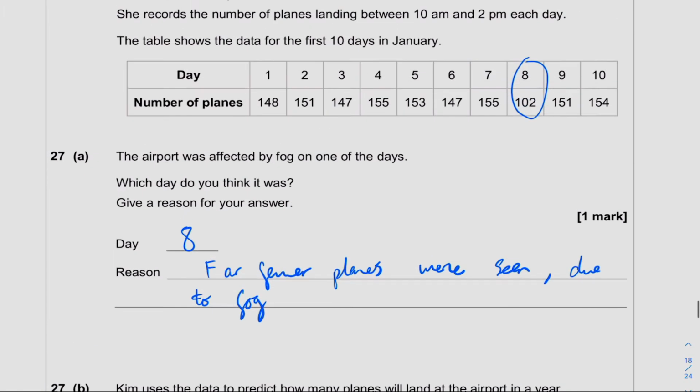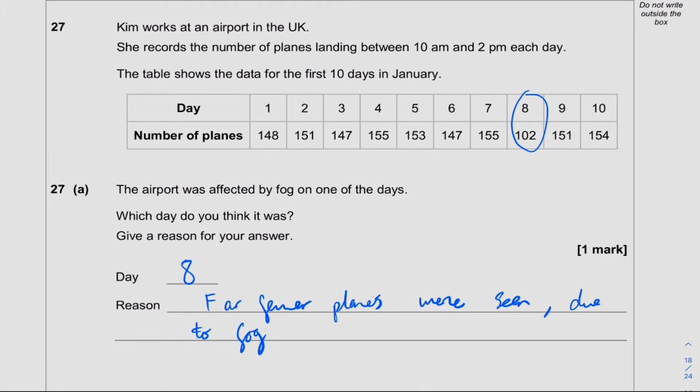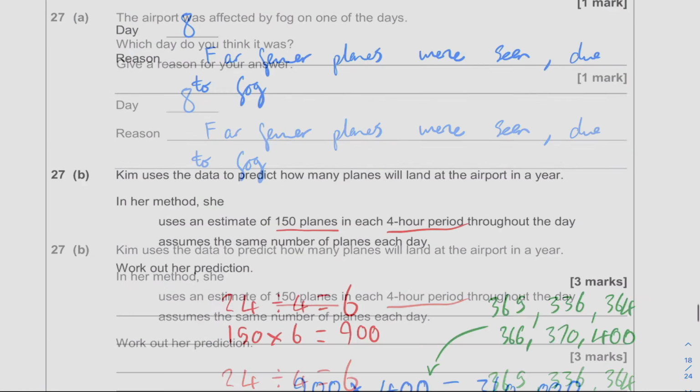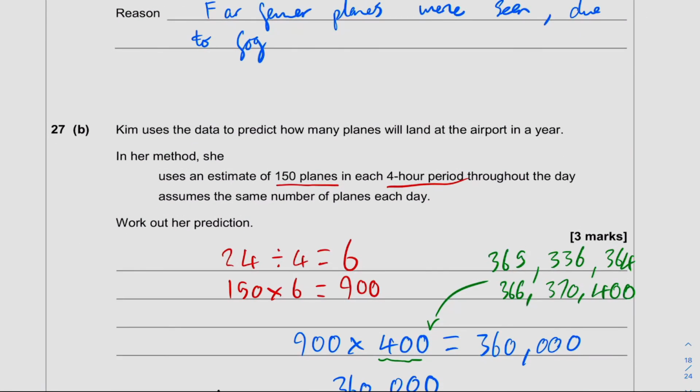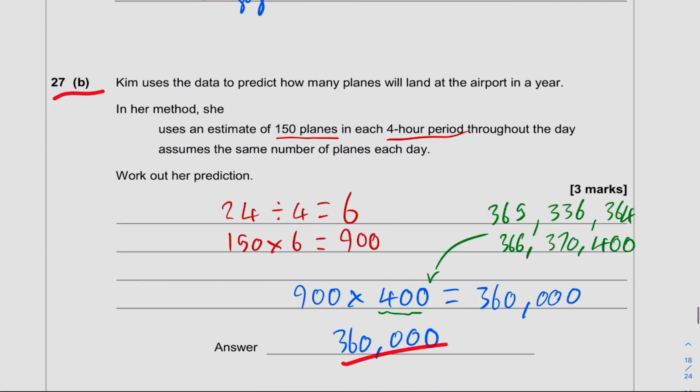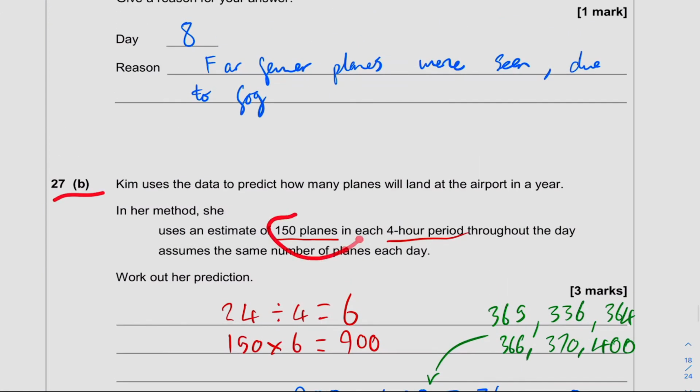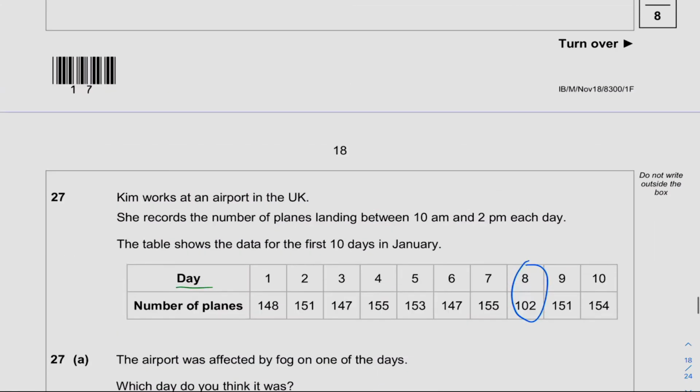So from our table, we are told that this is data for 10 days, which has been taken from, where does it say it? From January. So this is a winter month, and this data is used to influence her prediction in part B for the number of planes in a year, where she's taken an estimate of 150 from this data here.